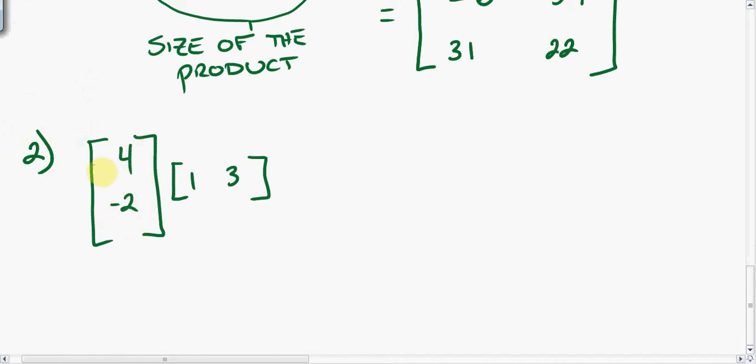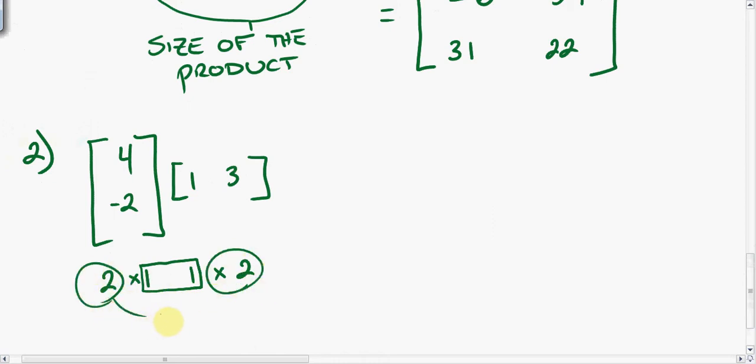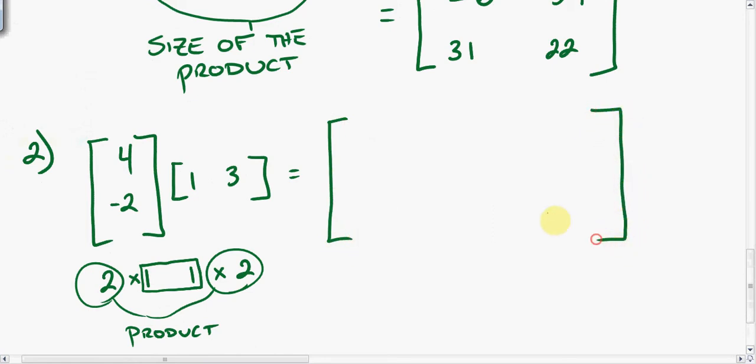Rows by columns, the first is 2 by 1, and the second is 1 by 2. Do our middle numbers match? Do the columns of the first matrix match the rows of the second? They do. So the product is going to be a 2 by 2.